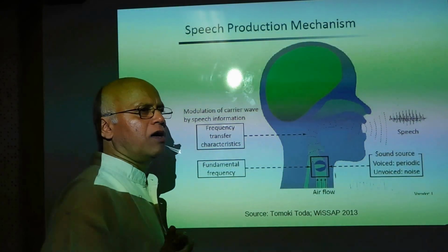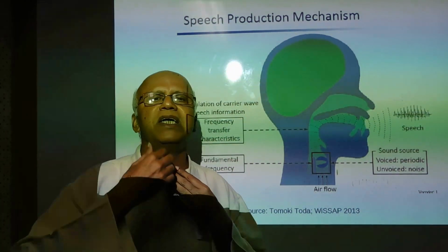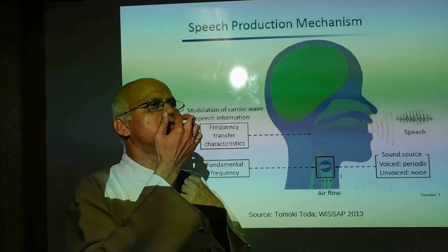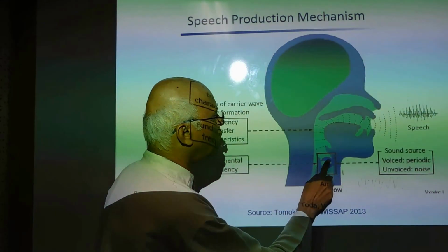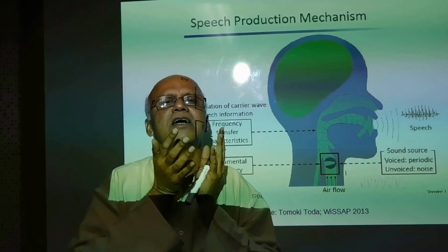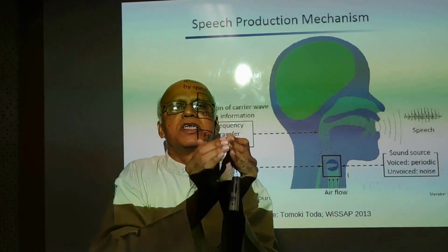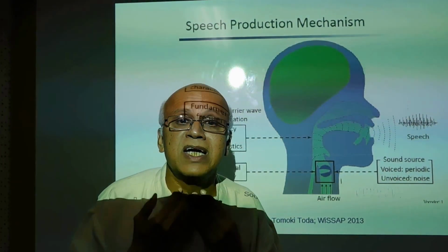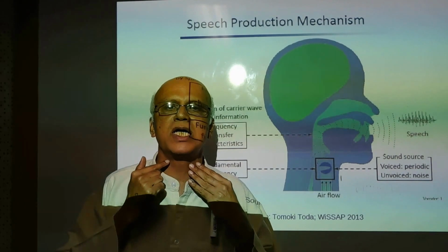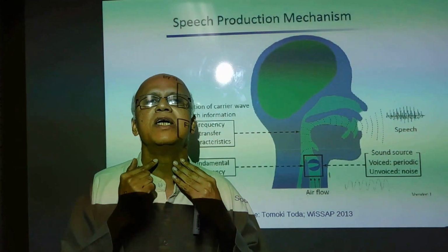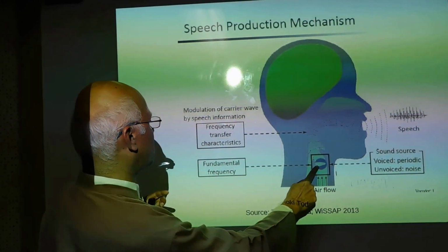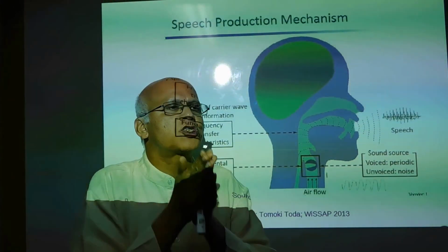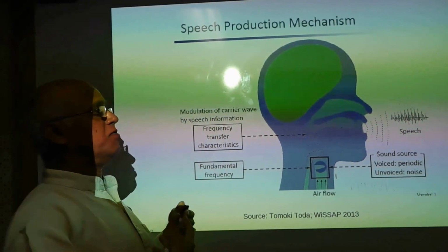Normally we breathe in and breathe out. The nose is open. There is an apparatus called the glottis which is open. So the air goes in and out without any obstruction. When you want to speak, the brain gives commands to the muscles that control this vocal apparatus, and that closes. So it stops the flow of air.